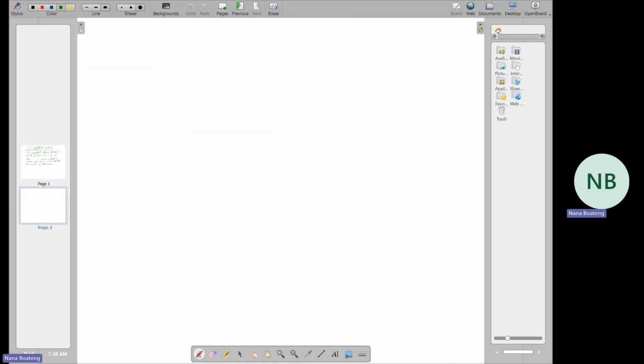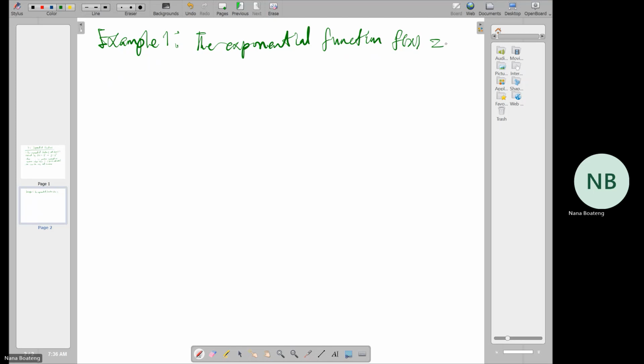In our first example, example 1, the exponential function f of x equals 42.2 times 1.5 power x.